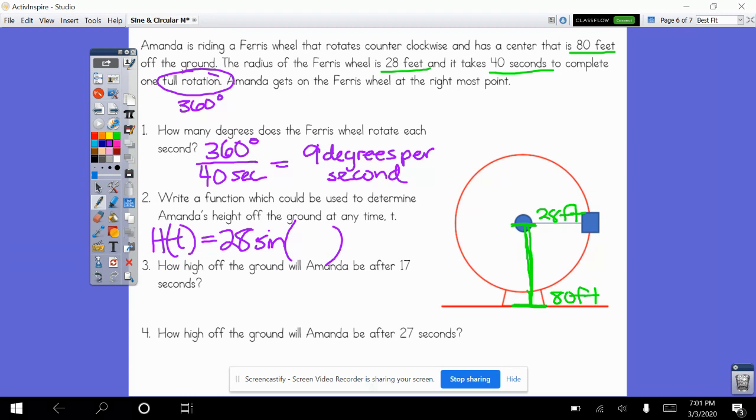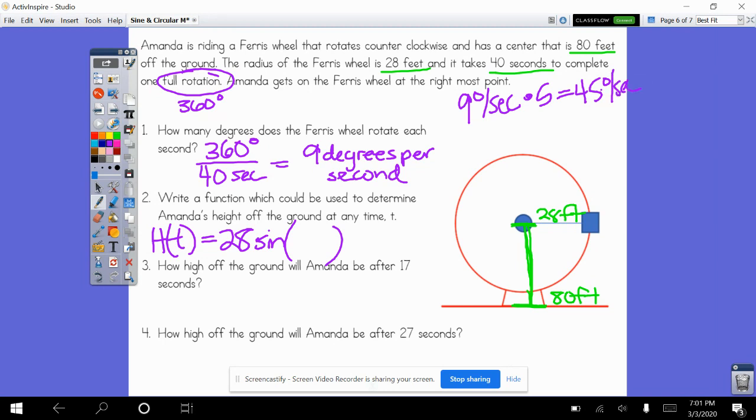We know what goes inside of sine needs to be an angle. So if we're given a time, like say it said how many degrees has she gone in 5 seconds? Well, if I know the degrees she goes each second, 9 degrees per second, and she's going for 5 seconds, that's 9 times 5. That's not what the question's asking.